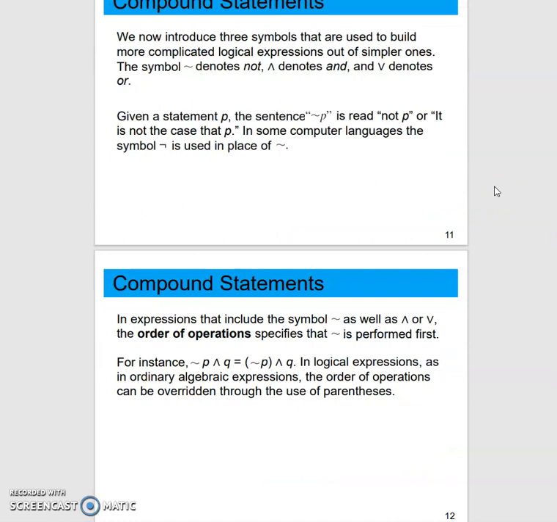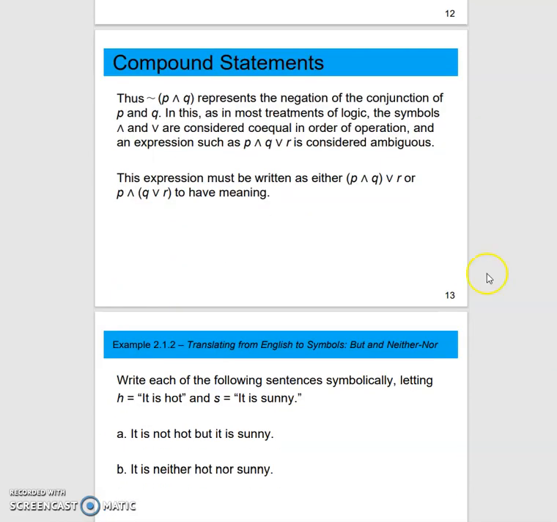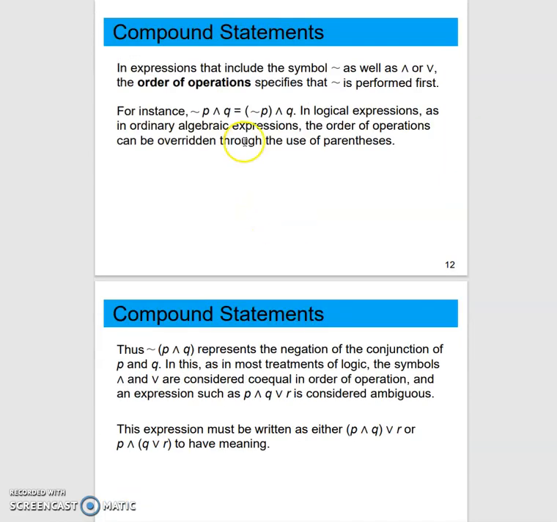Just like in regular mathematics, we do have order of operations. Not is generally going to be done first, and then the and or, unless, of course, we have parentheses. If we compare these, I've got this not out in front, and there's no parentheses.